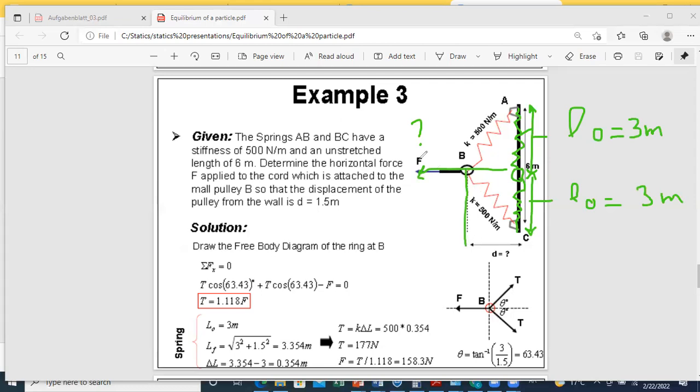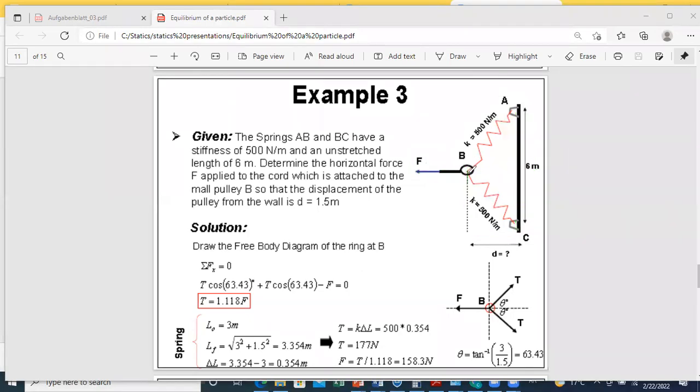So the question is to find what is F, for which we have equilibrium condition at a distance from the vertical position of 1.5 meters. So when we reach this position here, we are at equilibrium. And we know that this distance is 1.5. And we want to calculate the value of F.